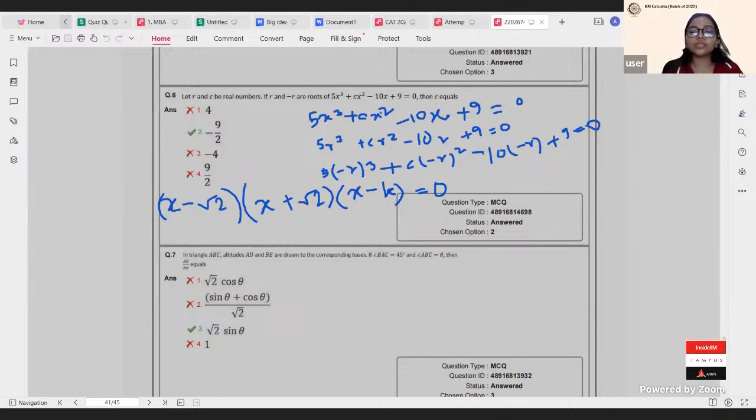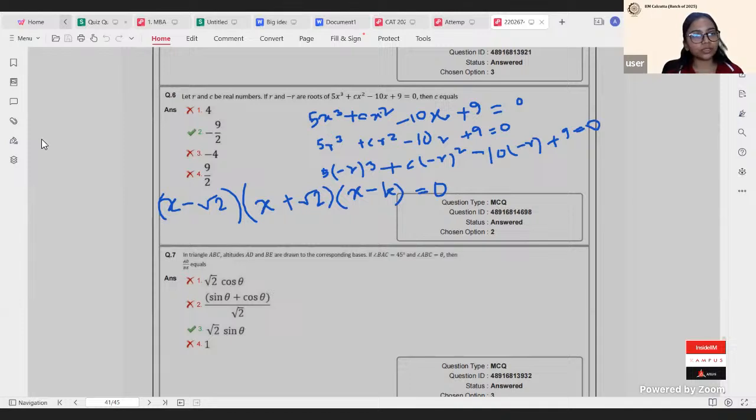So now we can solve for the value of k in this equation. Plain and simple, if we solve for the value of k, ultimately we'll find that the value of k comes out to be 9 by 10, and then we'll replace the value of k with the value of c because I'm showing you how.